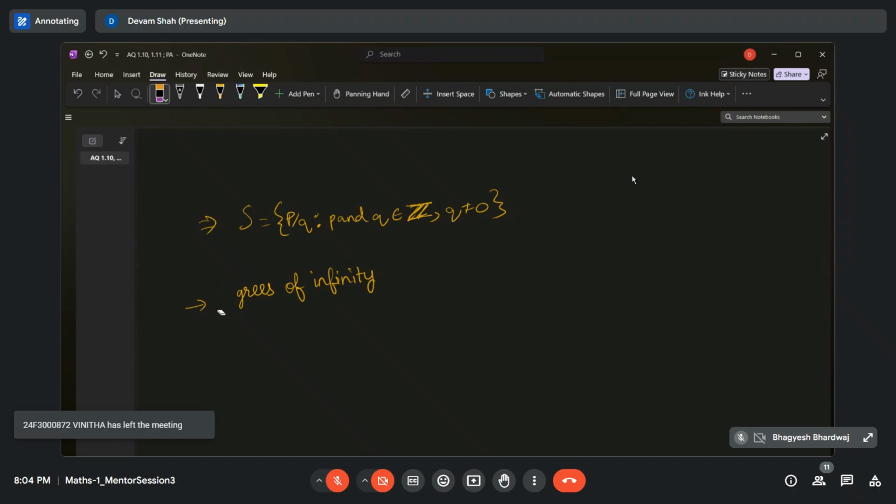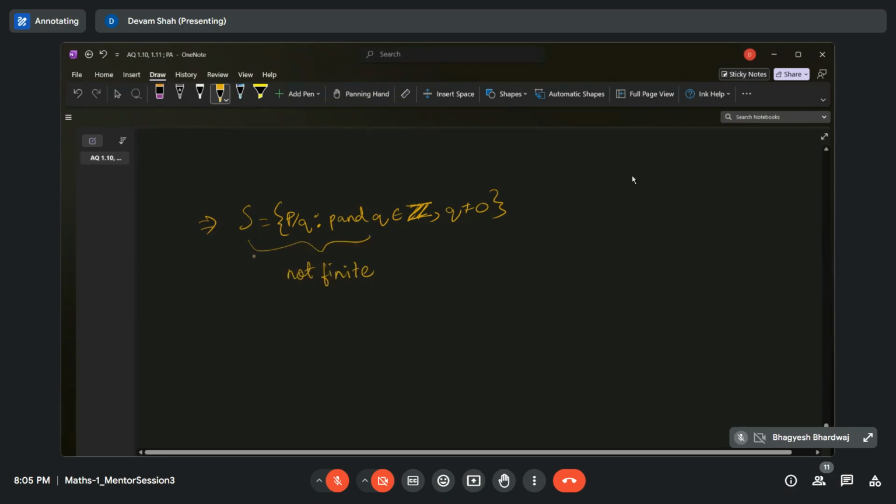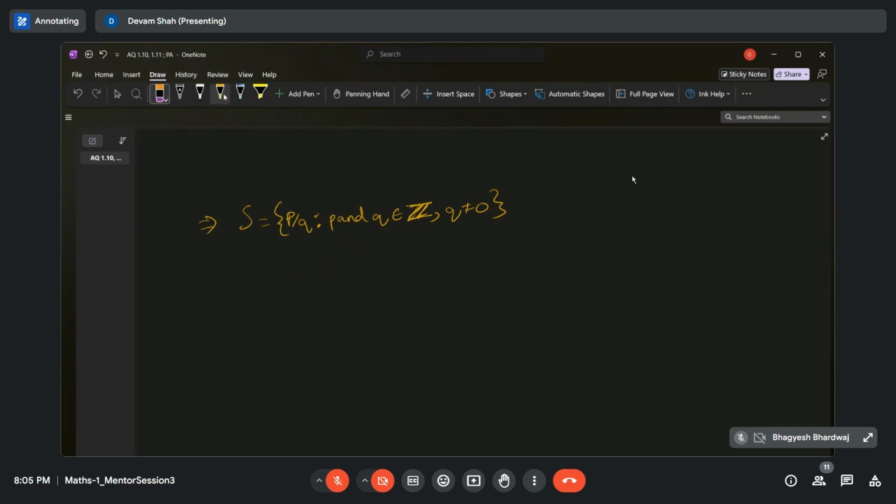There are types of infinity, countable and uncountable, and its cardinality is not finite, so you can't give it a number. But in this session, you will know how we represent its cardinality. So check that out.